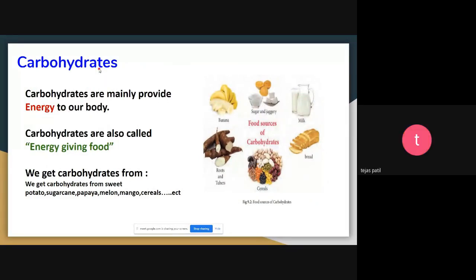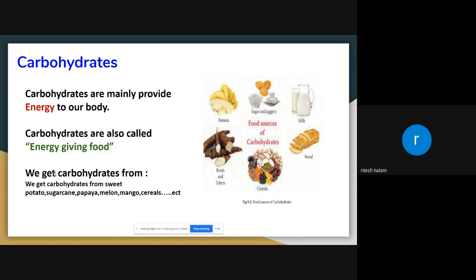Daily we are eating food to get energy, so which components give us energy? Carbohydrates. That's why carbohydrates are also called energy giving food. Is it clear, children?